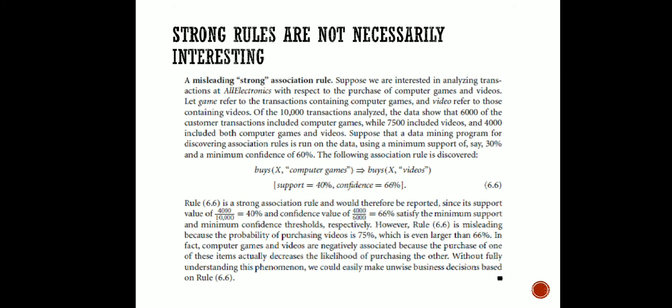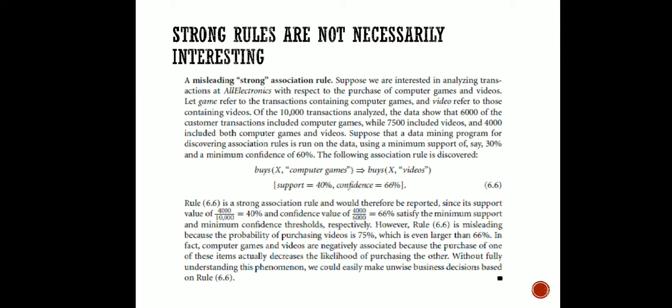Assume the all electronics database which we have been working on from the beginning. Here we are going to calculate the purchase of computer games and videos. Game refers to the transactions containing computer games, and video refers to the transactions containing videos.